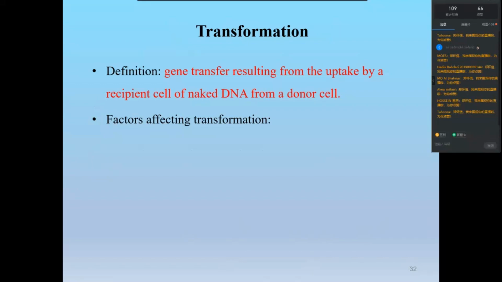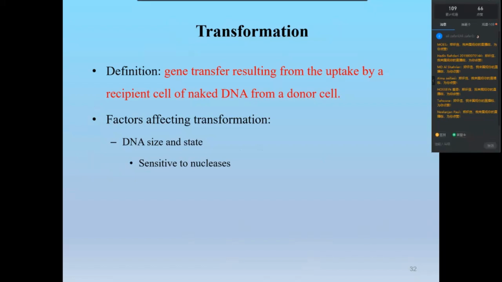There are some factors influencing the transformation. First is the DNA size and state. If the DNA is too large, it's not easy to be taken up by the recipient cell. And also the state. If the DNA is single-strand DNA, that's not easy.